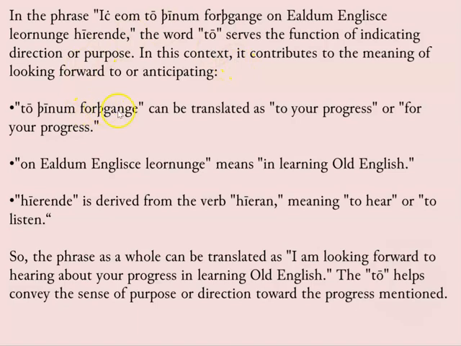"Tol thinam gange" can be translated as "to your progress" or "for your progress". "On eldum Englische lernunge" means in learning Old English. Now that is in the dative, and this is also in the dative. But anyway, "hierende" is derived from the verb "hieren", meaning to hear or to listen.